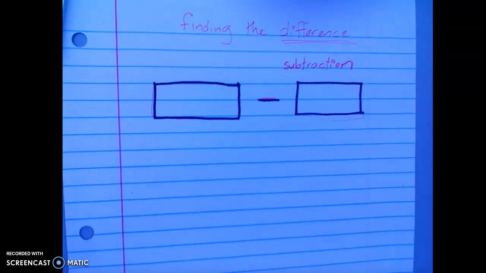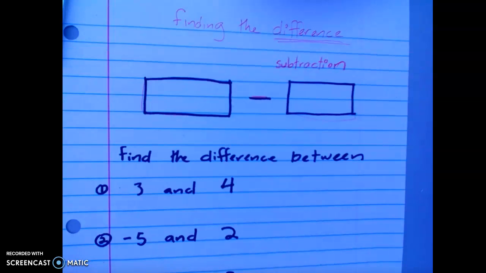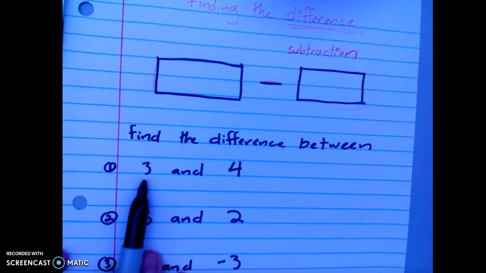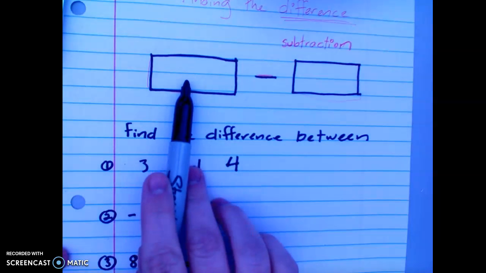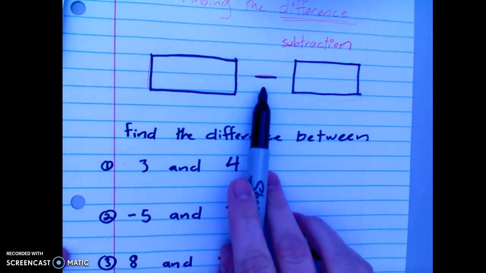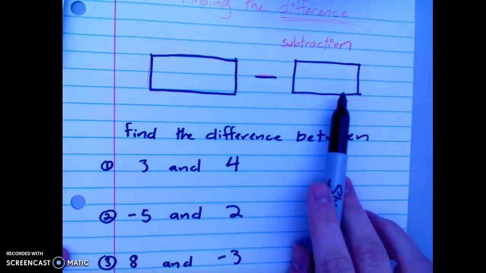Let's try a few. Okay, so the directions say, find the difference between, and our first problem has the numbers 3 and 4. Now what we need to do is remember, put a number, subtract, because it's a difference, and then the other number.